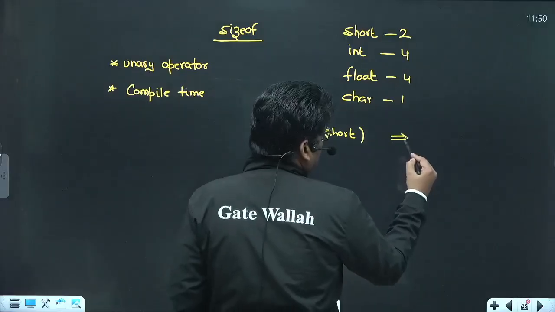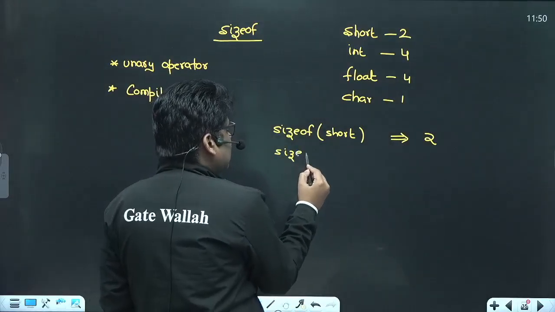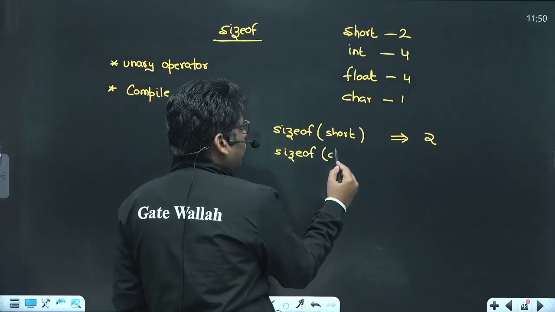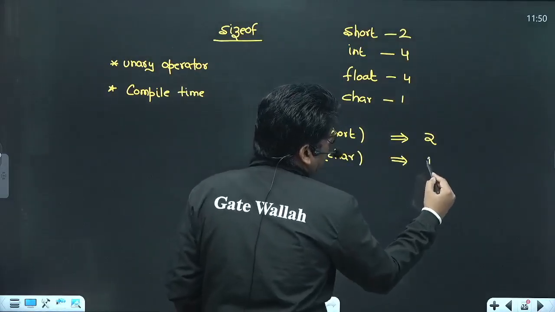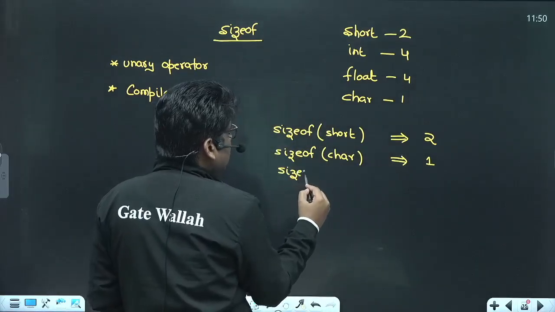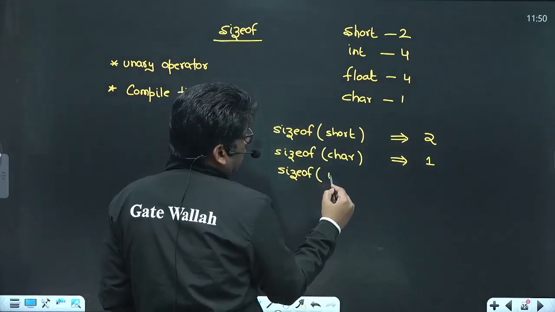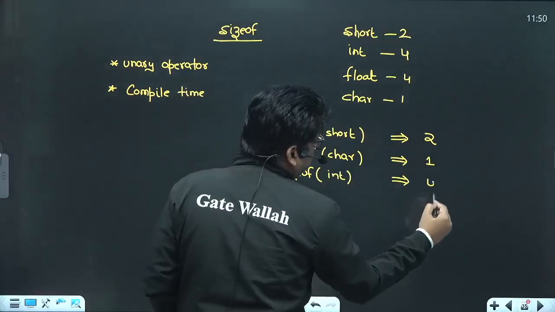Sir, it will produce the answer as 2. If I ask sizeof, what is the size of character on this system? It will give 1. If I ask sizeof, what is the size of int? It will give 4. For sure, sir.